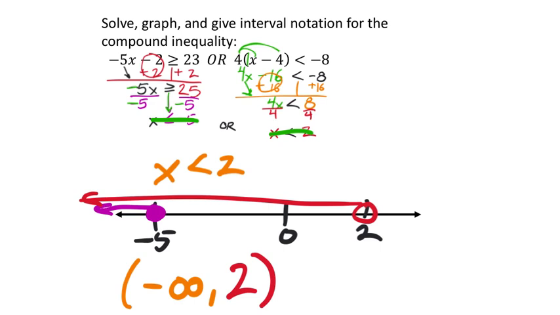Well, I mean, I needed them to graph, but I only needed one of them in the end because of the or statement. Now, keep in mind, most of the time, these actually go in different directions, and that's where we use the U in between the two intervals. But since these went in the same direction, we have to be careful with what we're looking at. An or statement only has to be one or the other. If this was an and statement, this would have ended at negative 5 instead of at 2.